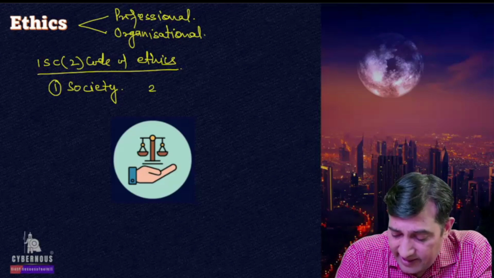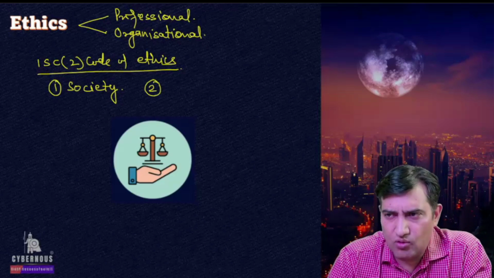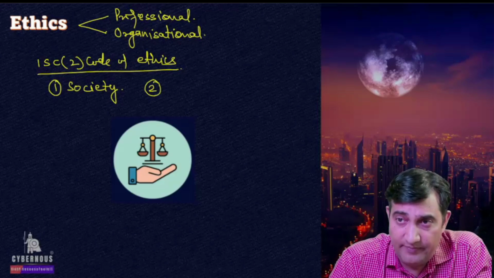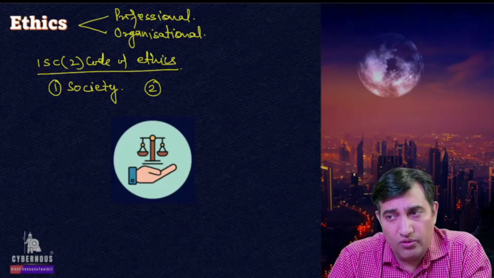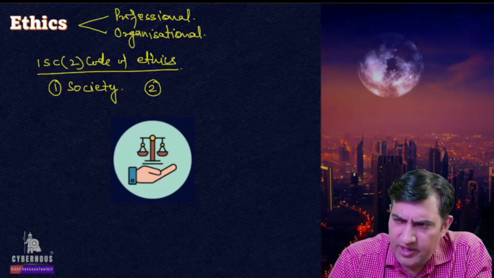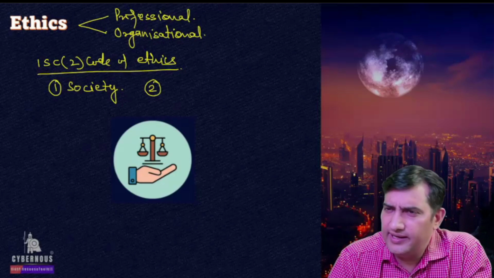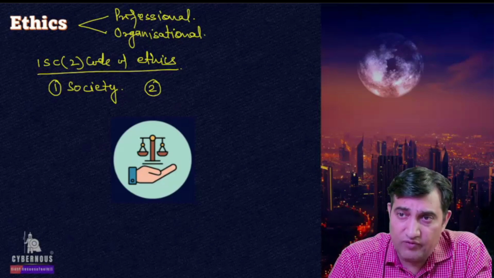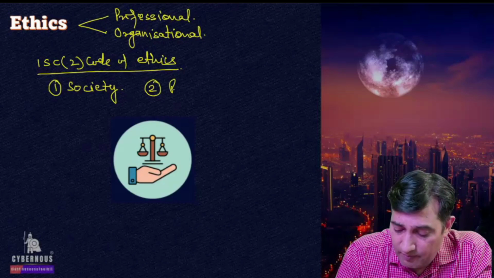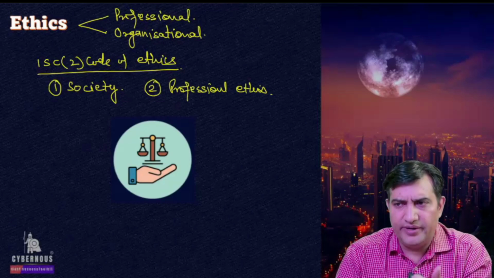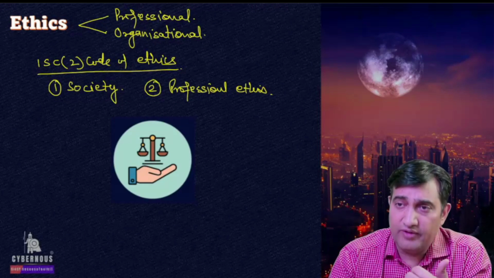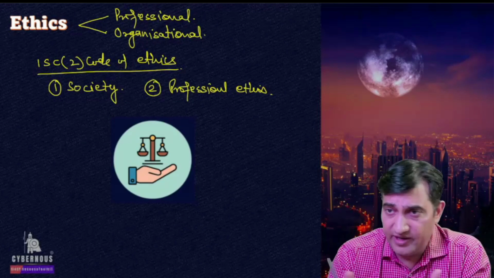The second canon, because these ethics are also called canons. Canon number 2 says: act honorably, honestly, justly, responsibly, and legally. As a cybersecurity professional, it governs your professional ethics. You have to be honorable to others, and honest with anybody you are working with.